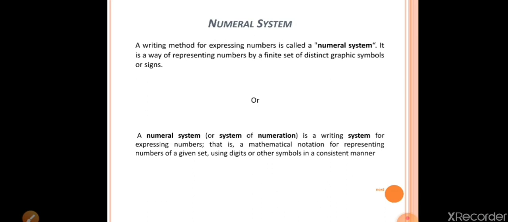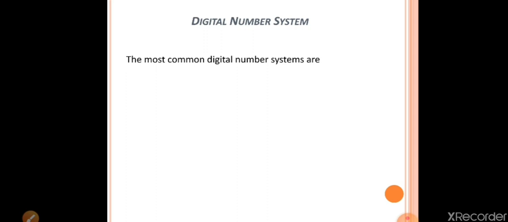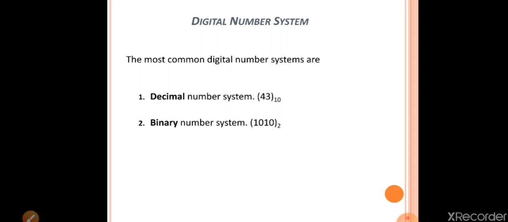So now let us move to our next slide and the next topic. The next topic is digital number systems. In digital number systems, we have to deal with 4 number systems.